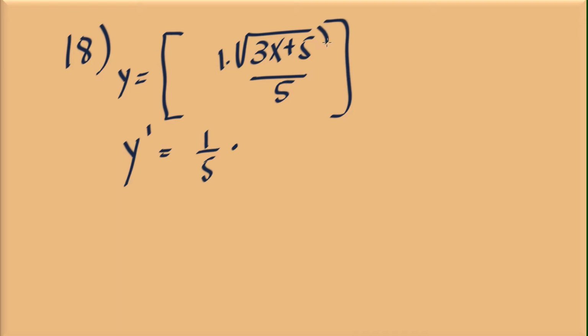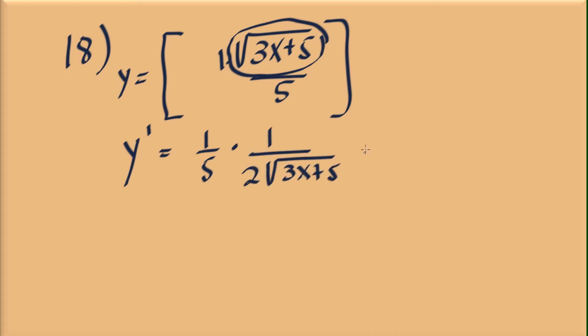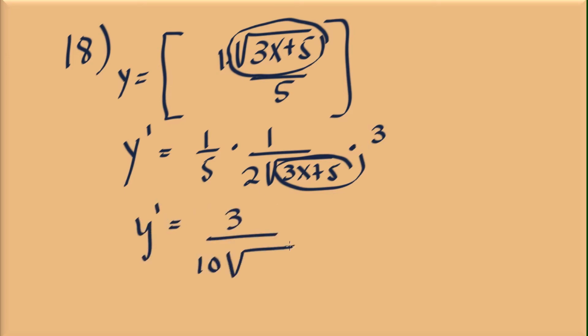Then apply your shortcut to finding the derivative of that square root of 3x plus 5, which is 1 over 2 square root of 3x plus 5, and multiply by the derivative of the 3x plus 5, which is 3. And that's it, you just have to simplify. That's 3 over 10 square root of 3x plus 5.